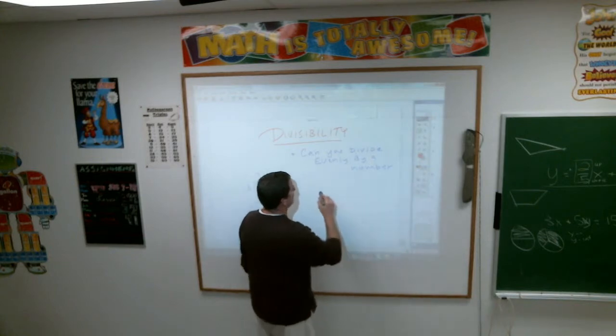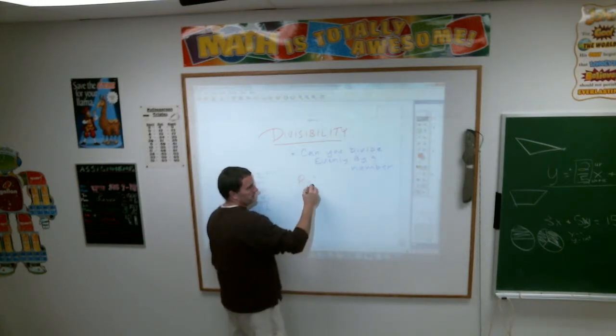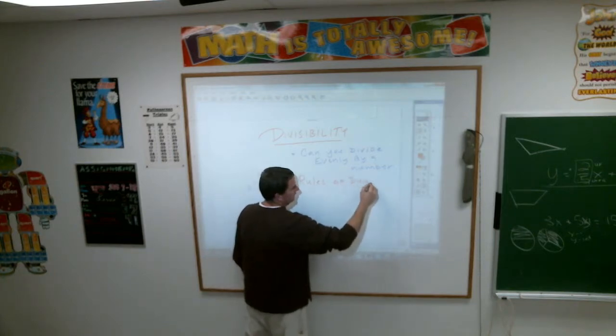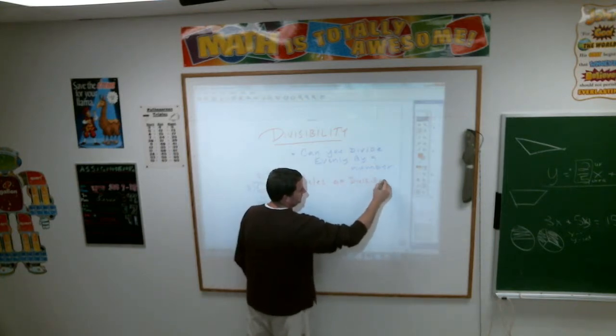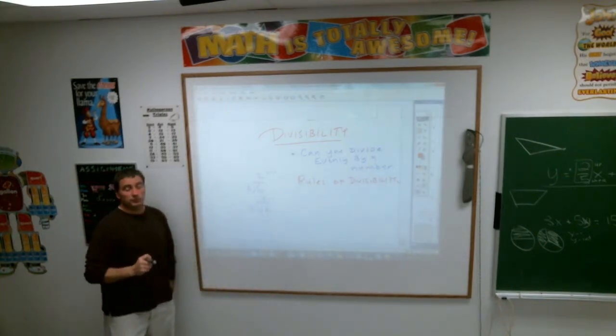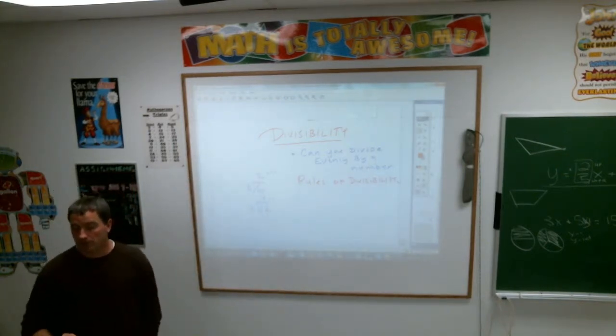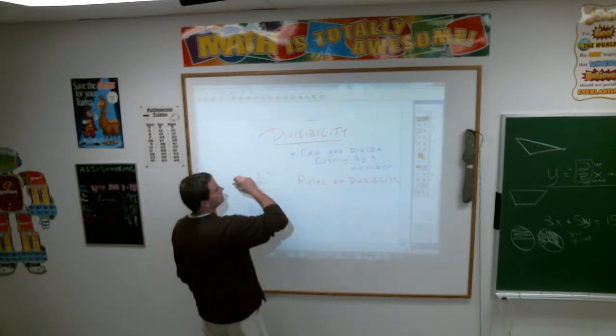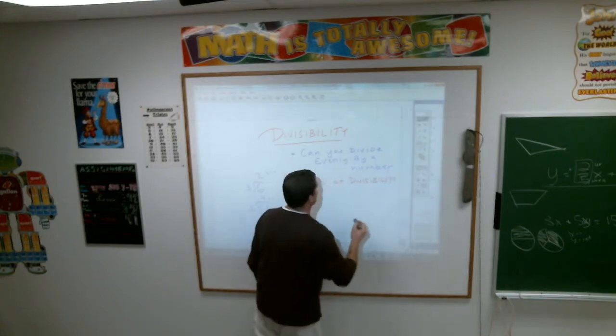And we have what we call rules of divisibility. They're pretty simple, but they're very helpful. And write this down.